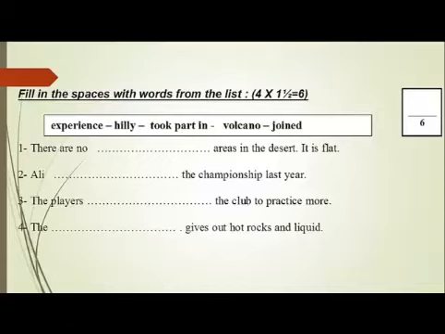Make sure that you know all these words. These are 5 words and the sentences are 4. Then you should exclude one of these words. One of them is out.